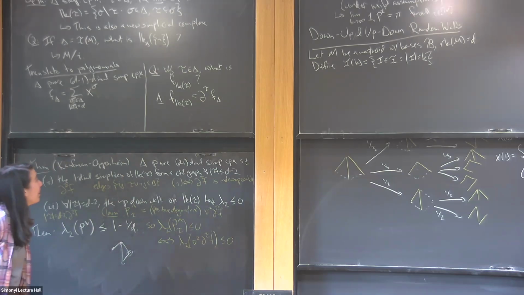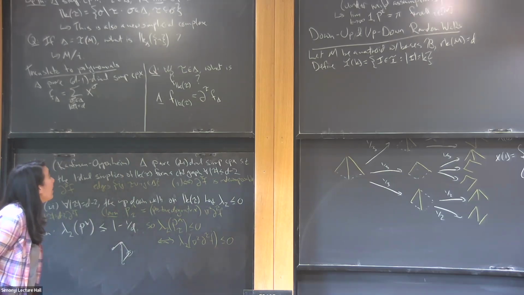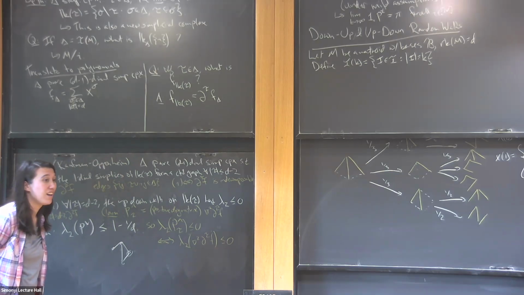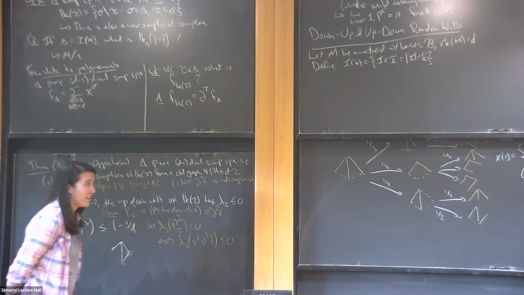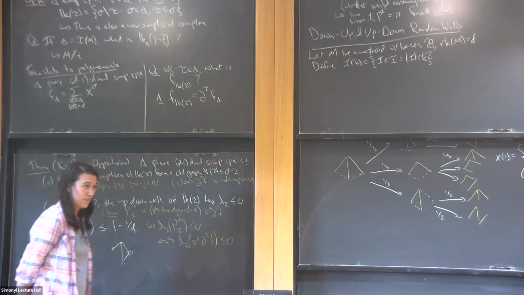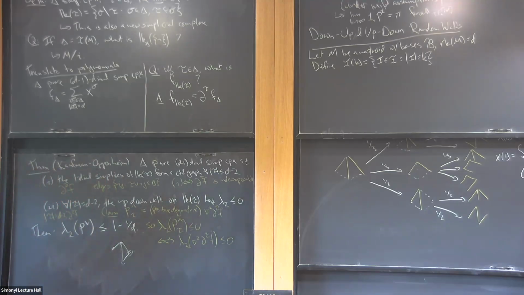At this part of the end, you mentioned that we passed from considering matroids to more general simplicial complexes. Do you know anything about a characterization of which types of simplicial complexes satisfy this? Well, okay. Bigger than just matroids? This Kaufman-Oppenheim result is actually a special case of it.